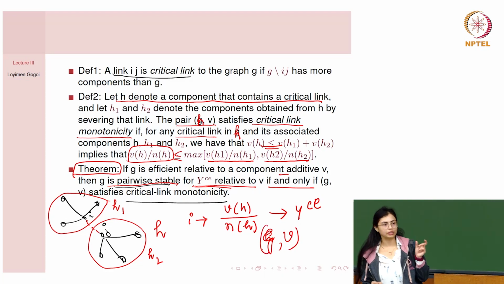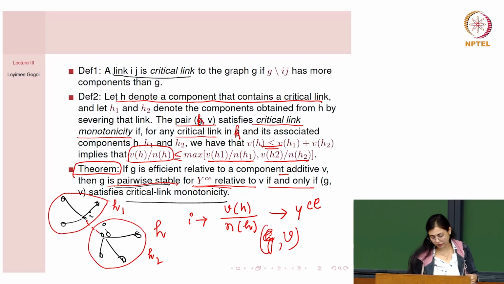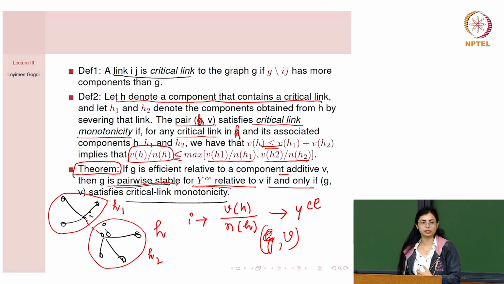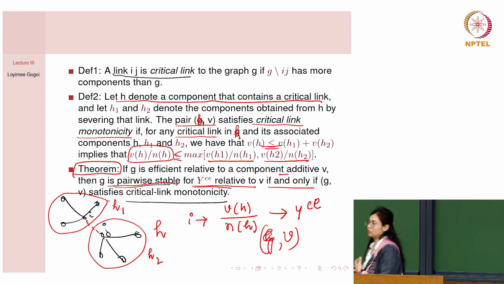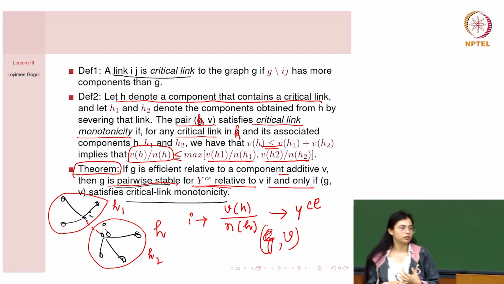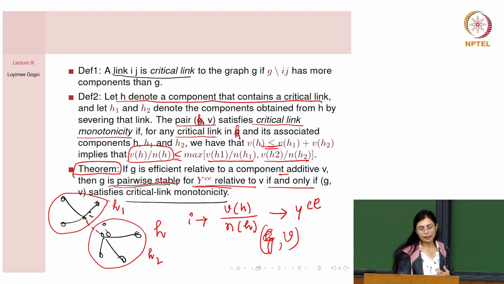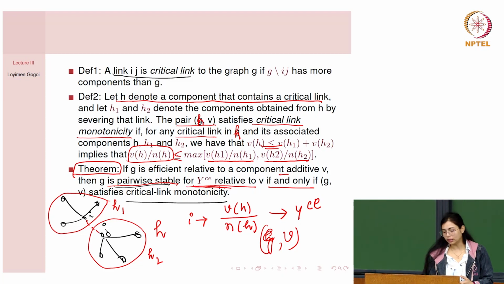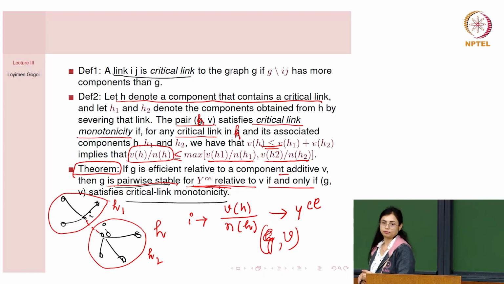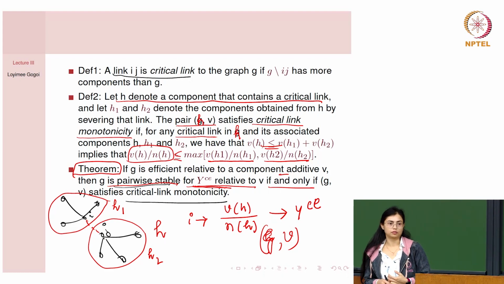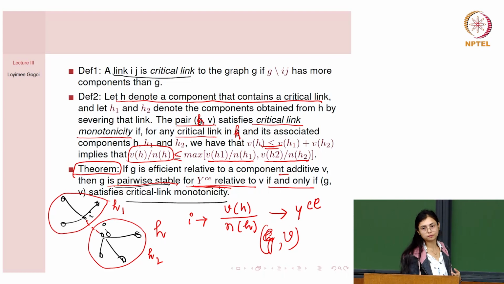This is one characterization we can have for efficient networks which are also pairwise stable, and this is only for the component-wise egalitarian rule, not for another allocation rule.